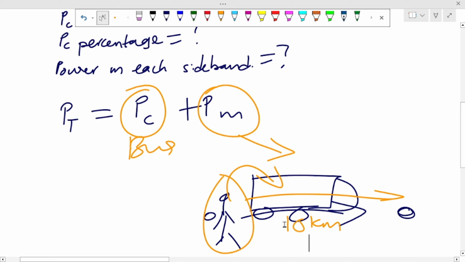However, the power will be shared between the message and the carrier. If there is no message inside, the carrier takes all the power. But if you add more messages, more people, the power will be shared among the people and the bus itself. So the total power equals carrier power plus the message power. Are we seeing it now?